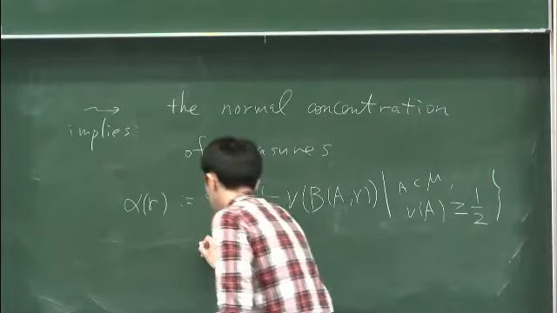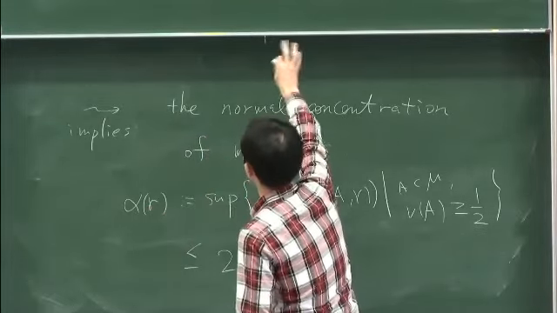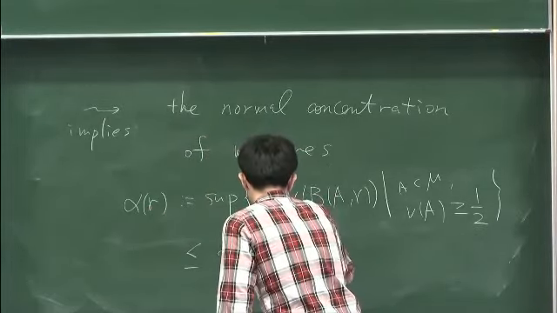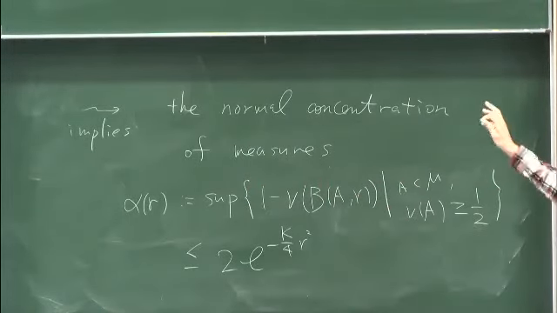And then this can be bounded by 2 times something. By the Talagrand inequality, we can have this bound. This is not sharp under the curvature dimension condition, but we have this kind of bound.